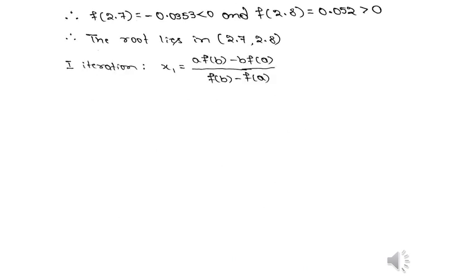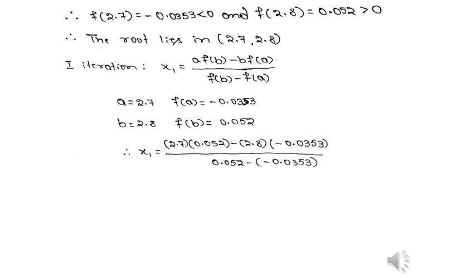In the first iteration we are going to find x1. In this x1, what is a? A is 2.7. What is b? 2.8. What is f of a? F of a is just f of 2.7. F of b is f of 2.8. Substitute all these in this formula to get the value of x1.